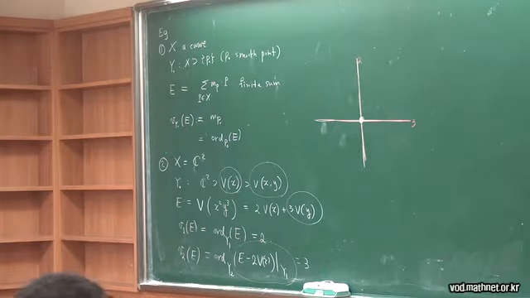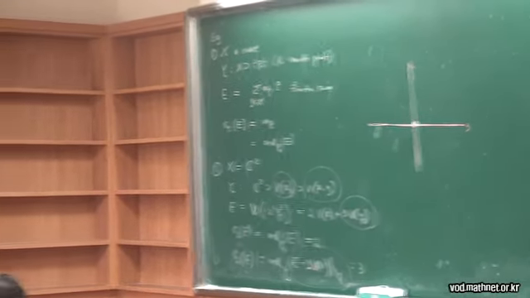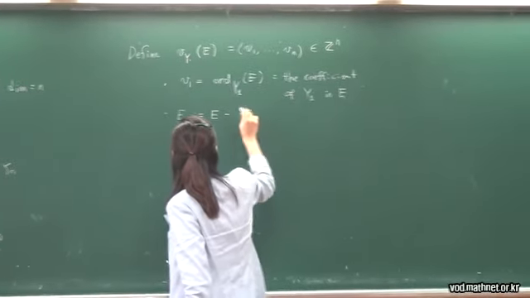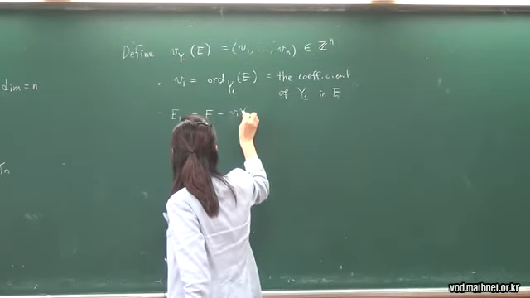Okay, let me write it precisely. Let E1 be E minus v1 Y1.